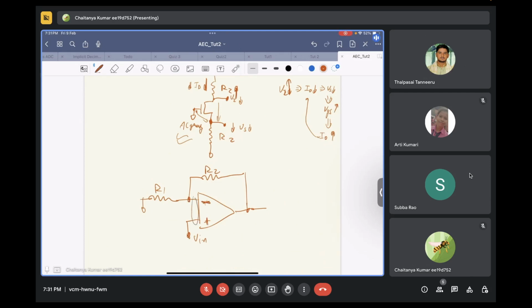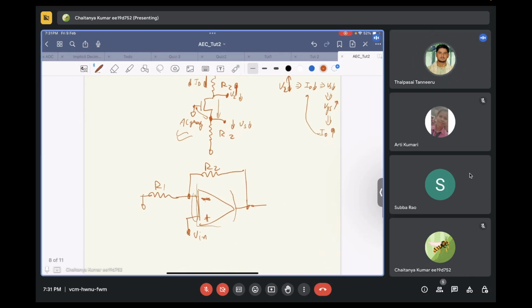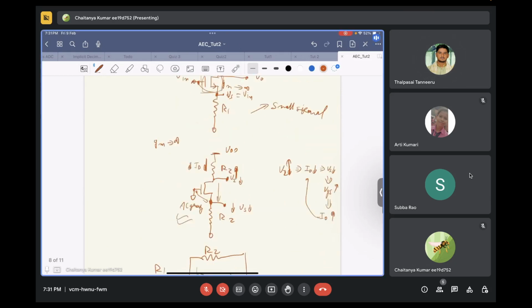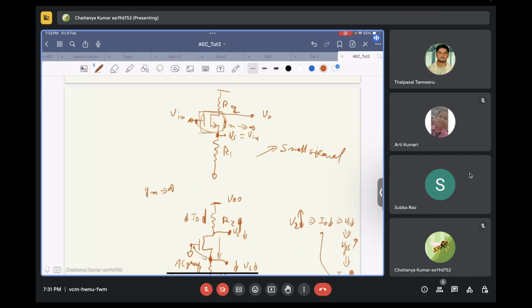The controlling terminal of this particular op amp has to go to 0. For that, what you used to do? You used to say that if this is Vin, since this controlling terminal has to go to 0, this will also become Vin. The same logic we have to apply over here. The controlling terminal is this VGS, and it has to go to 0. So VS will also be equal to Vin.